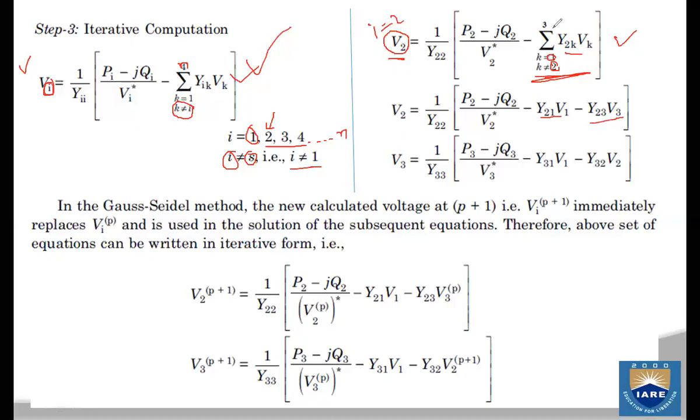The number of k is only up to 3, so here you end. This is the final equation. In a similar way, if you want to calculate the voltage at the third bus, V3 = 1/Y33 × (P3 − jQ3 / V3* − Y31 V1 − Y32 V2).